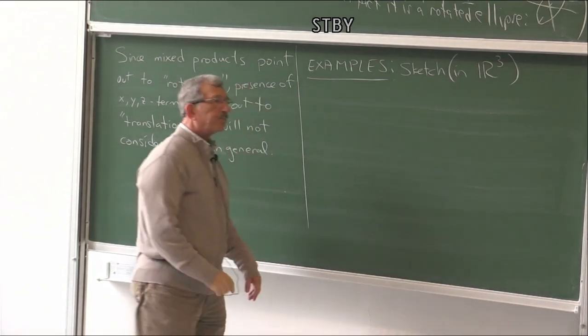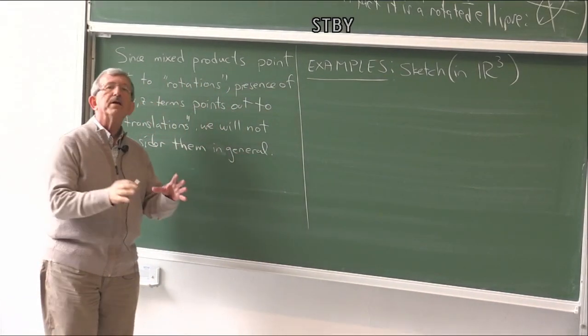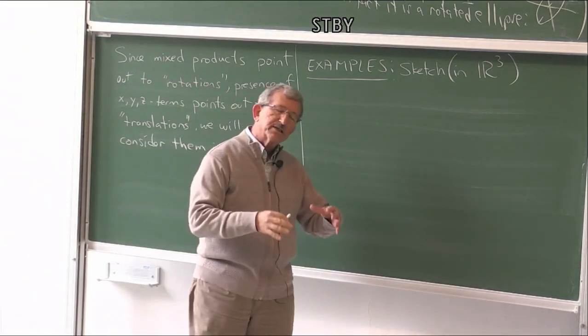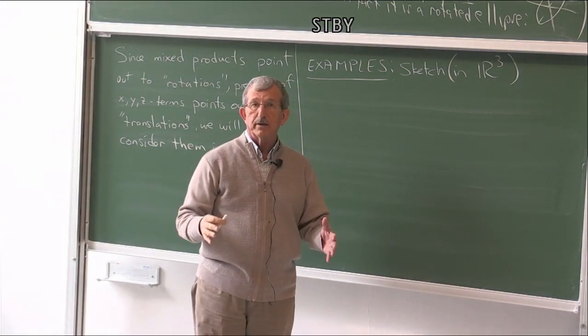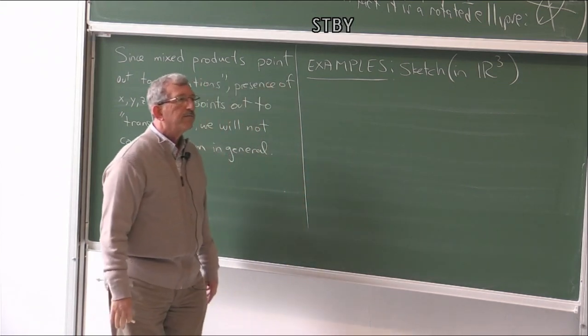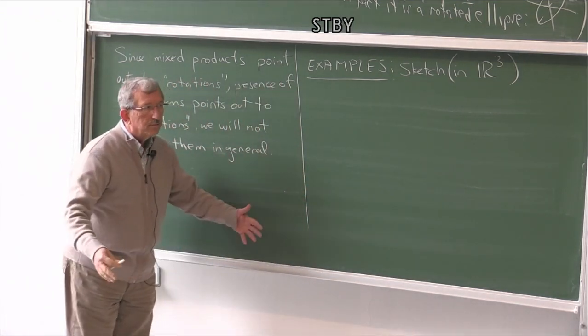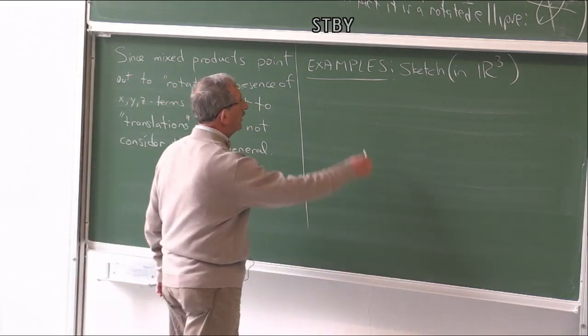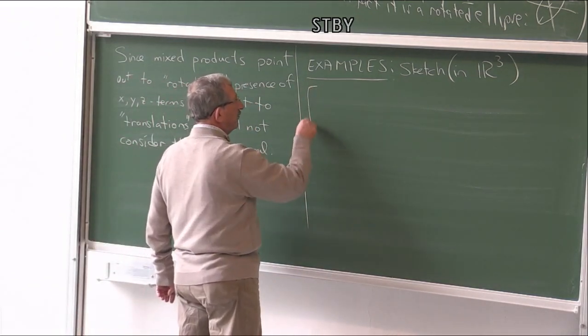Now, to sketch something in R3 is not usually as simple as sketching something in plane, in the XY plane. So we make use of the following technique to sketch them. Now, a remark at first.